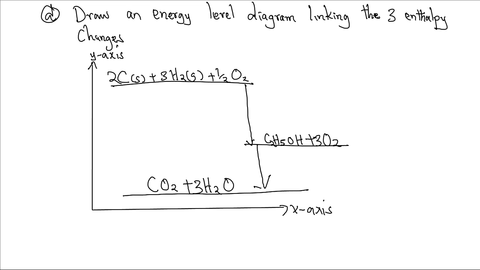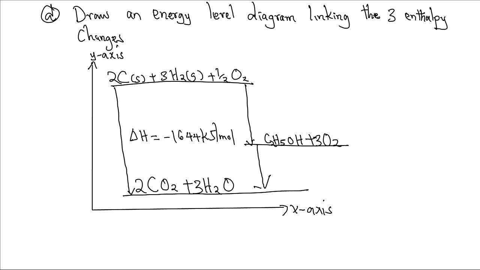3, 2, and they have their general delta H, which is negative 1644 kilojoule per mole.